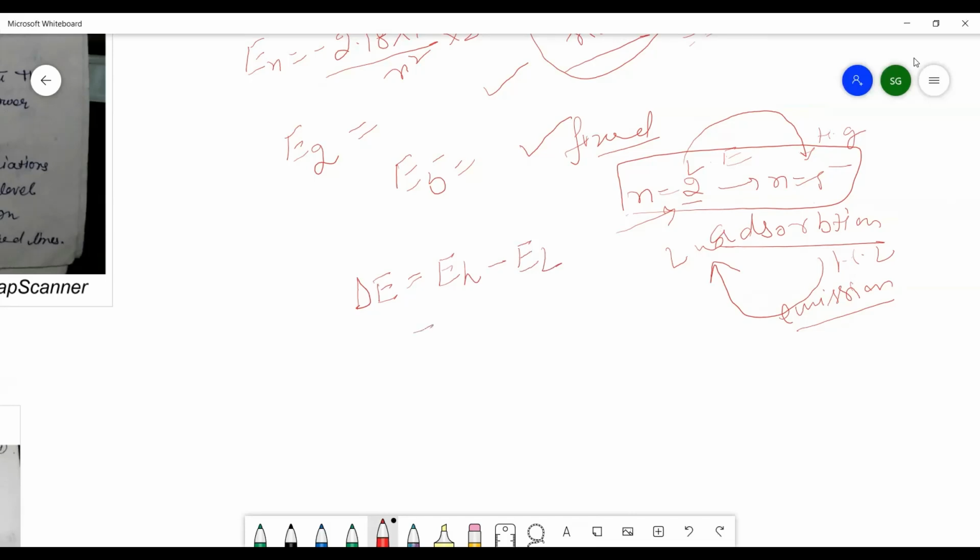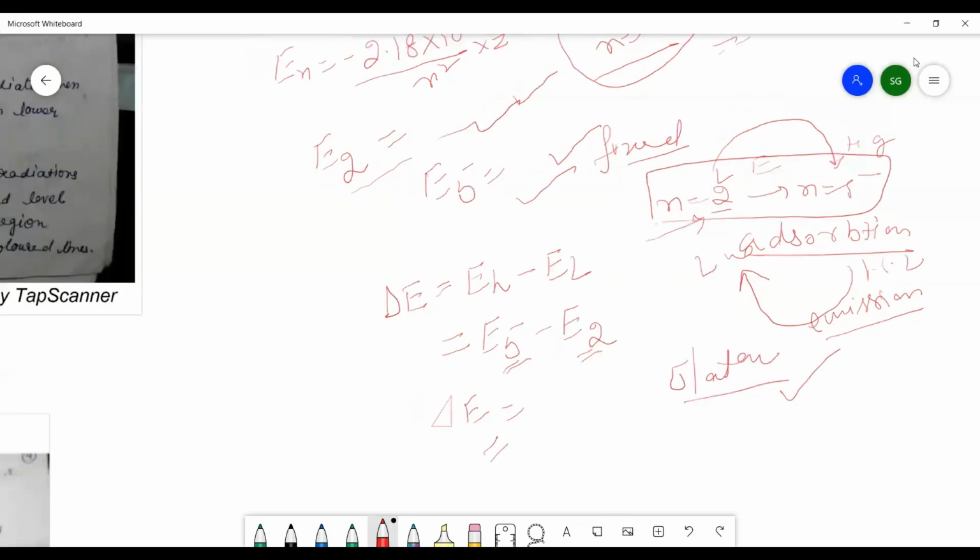Here you can easily understand that E highest is E5 and E lowest is E2 in this particular case. This will change for every question. You have to substitute the values of E2 and E5 after calculation, then you can find the value of delta E in terms of joules per atom. So this is a very important question.